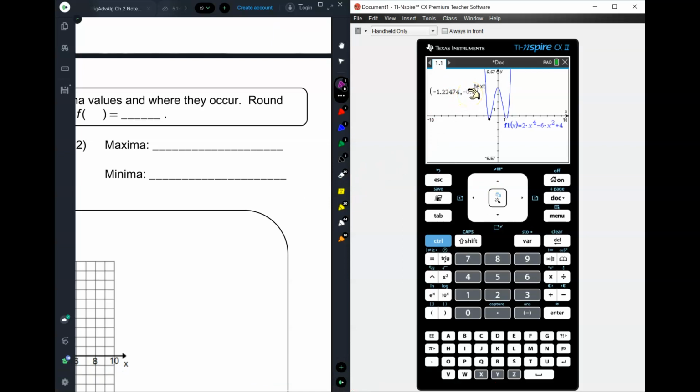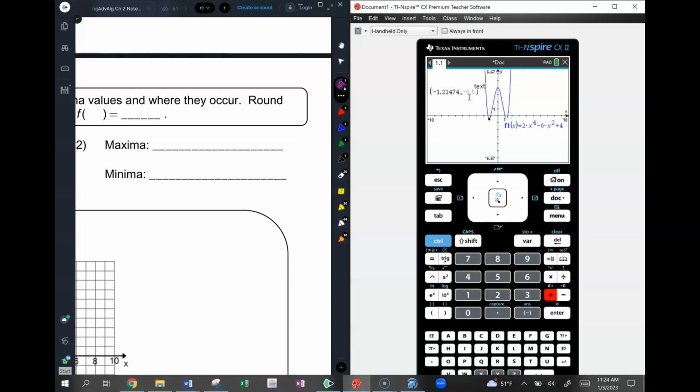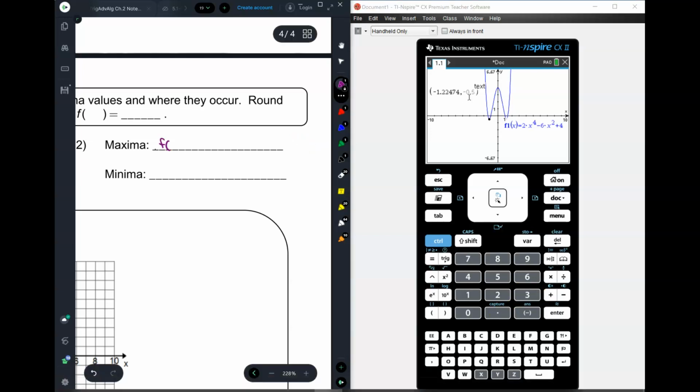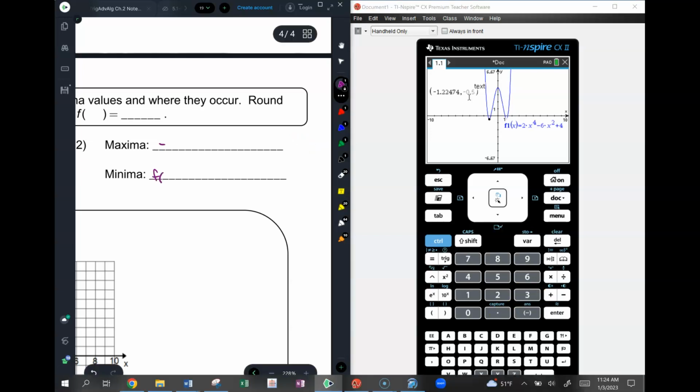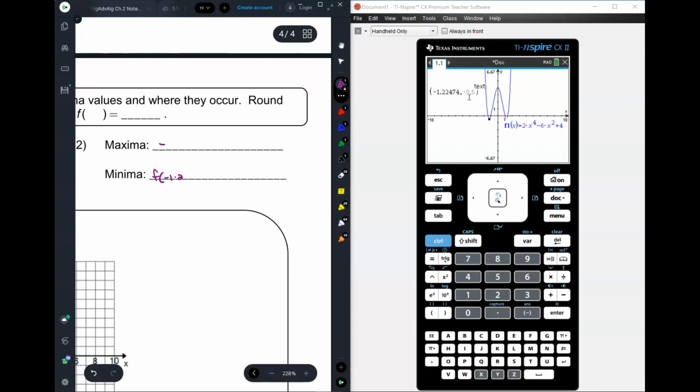I don't think we can get more decimal places out of that. So this is a minimum. Negative 1.22 equals negative 0.5. All right.